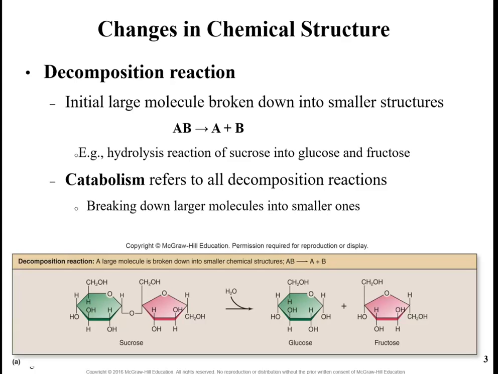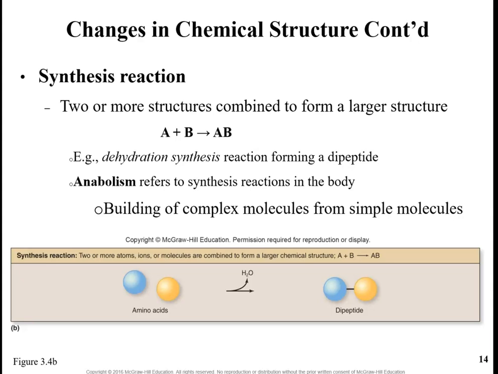That's catabolism. When 2 or more structures combine to form a larger structure, that's called a synthesis reaction. So here we have 2 structures, A plus B, and they combine to form AB, a larger structure. So an example of this would be a dehydration synthesis reaction forming a dipeptide. Here we have 2 amino acids. They come together and form a dipeptide, and water is given off.